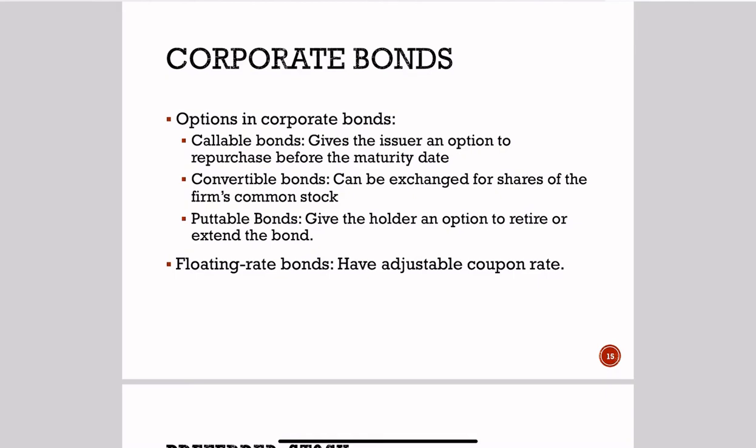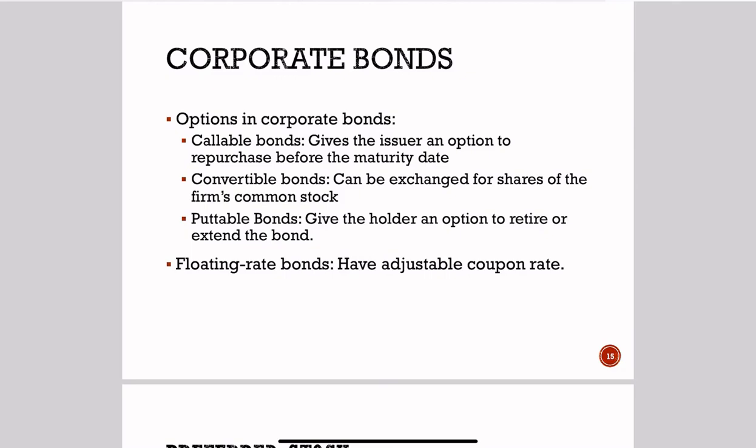However, if it is a callable bond, then this issuing firm can actually tell those debt holders, hey, I want to buy back these bonds in 2021, exactly 1 year before this maturity date. So if this is a callable bond, then this issuing firm can do this.